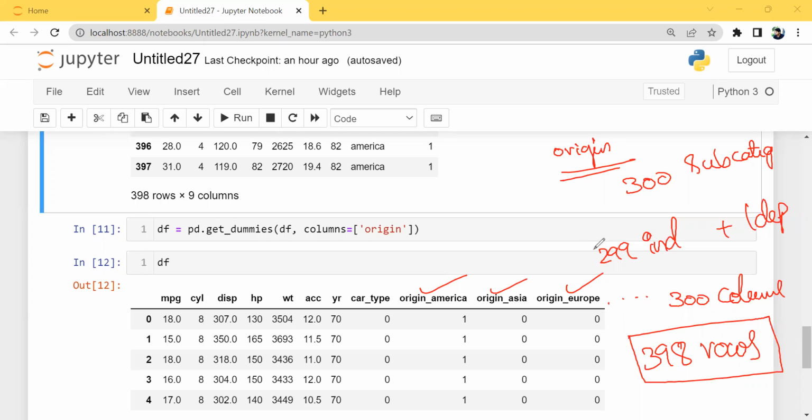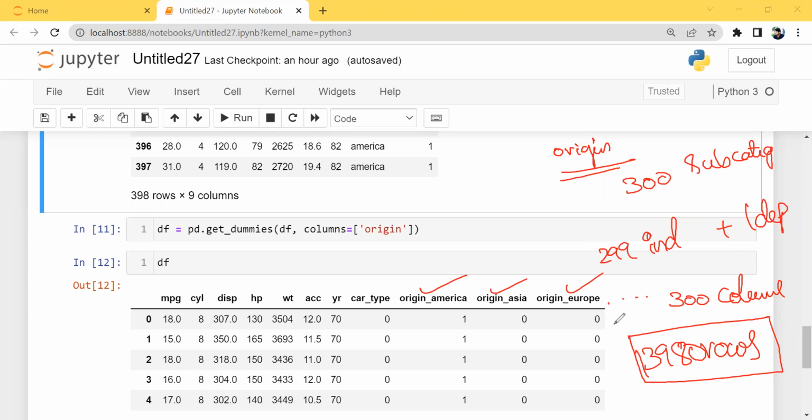Why? Because we don't have enough data points. For example, if this were some 13,980 rows, then probably yes, we could capture it, because the rows are more.